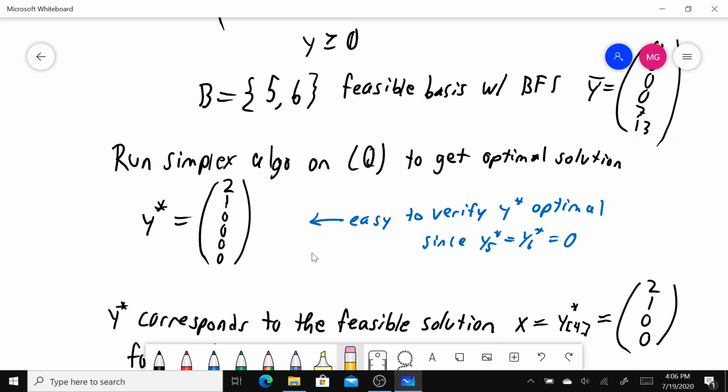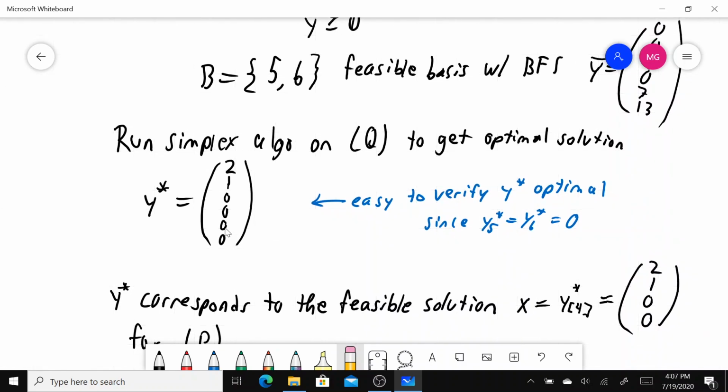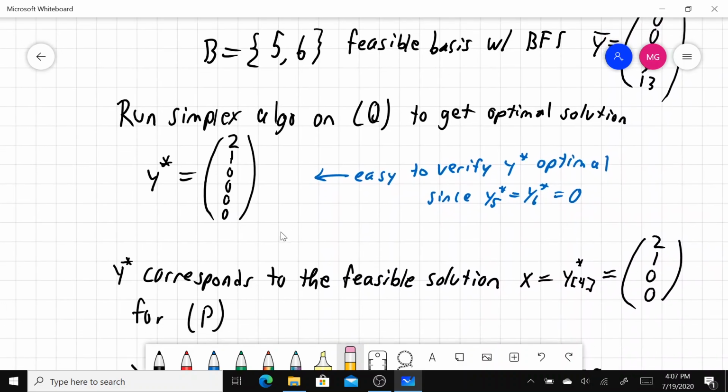You can check that it's feasible, of course, and then it's optimal because a lower bound is 0, and in fact we attain exactly 0 because the 2 components 5 and 6 are both zeros, and we were trying to minimize that sum. Of course we can't do better than 0 because y has to be non-negative, but here we've gotten exactly 0.